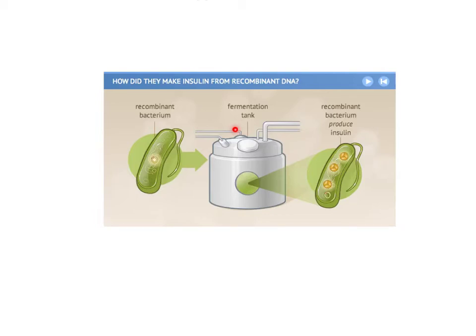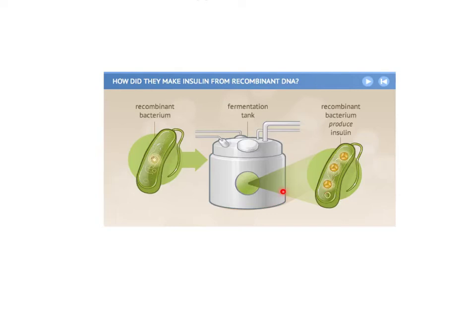If we do that, these bacteria will start to produce insulin, which we can then isolate from our fermenter. So that's the case study of making insulin.